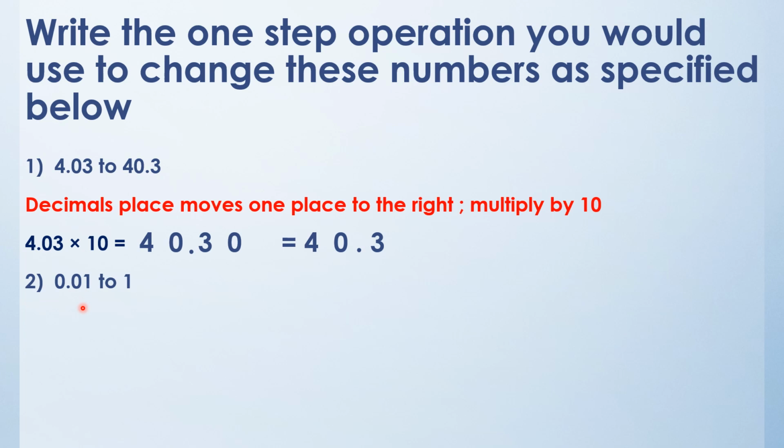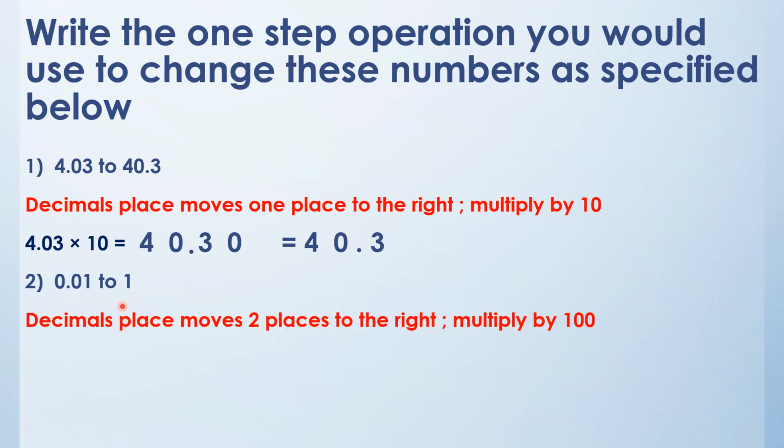Second question: 0.01 to 1. In this question also just see here 0.01. Here are two decimal places and here there are no decimal places, only the whole number 1. It means the decimal point moves 2 places to the right.